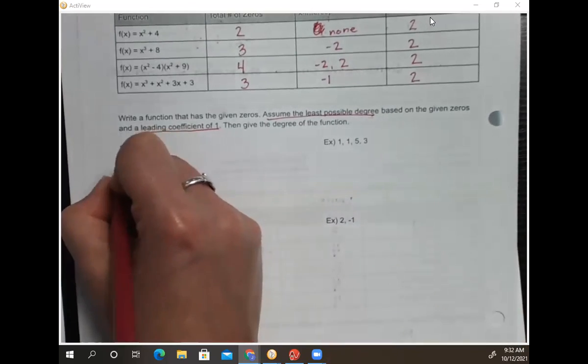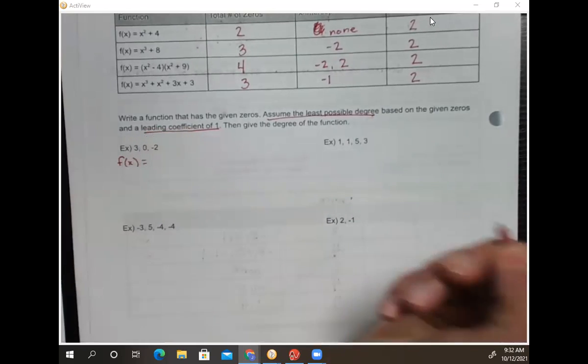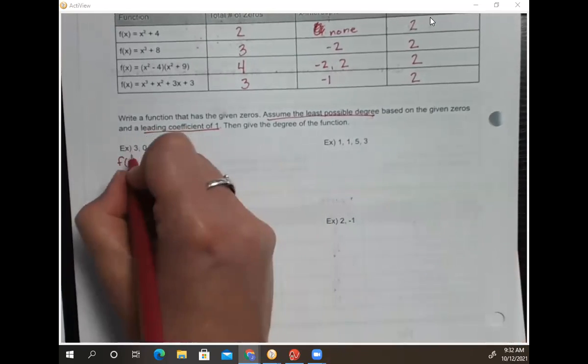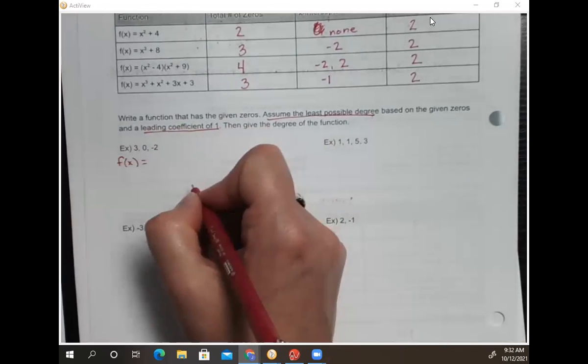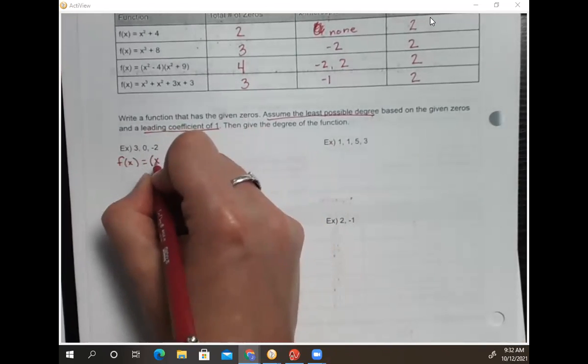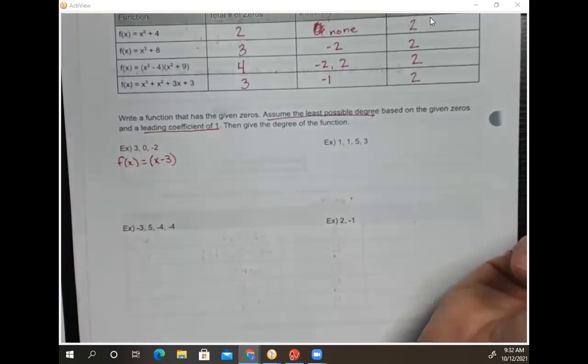So for my first function, I'm going to write factored form here. If I have a 0 or an x-intercept at 3, that means I had to have x minus 3 as a factor.